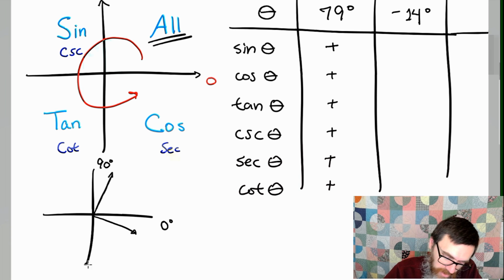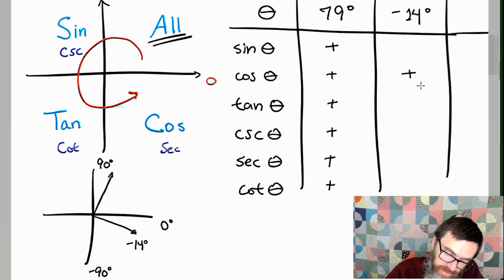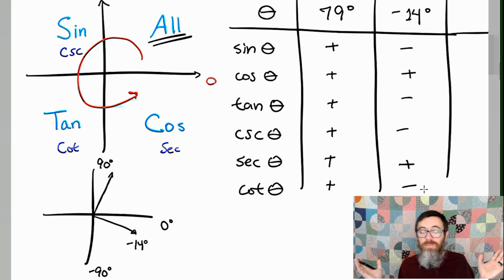Because if we were to go down here, we could see this as being negative 90 degrees, and we're just here at negative 14. So in quadrant 4, only cosine is positive. So cosine is going to be positive. Also, its reciprocal function, secant, is going to be positive, and everything else is going to be negative. That's all we have to do.